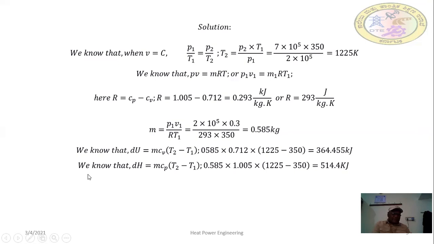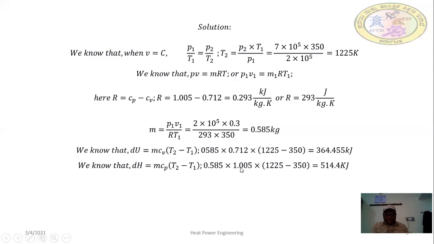Next, it has been asked to find out the change in enthalpy. This is the equation: change in enthalpy dH is equal to the mass of the gas into the specific heat of the gas into the change in temperature. Here, you know the mass of the gas is 0.85 kg, the specific heat at constant pressure is 1.005, and the change in temperature is the same, that is 1225 minus 350.